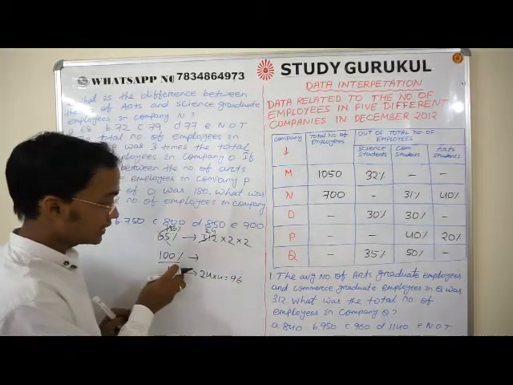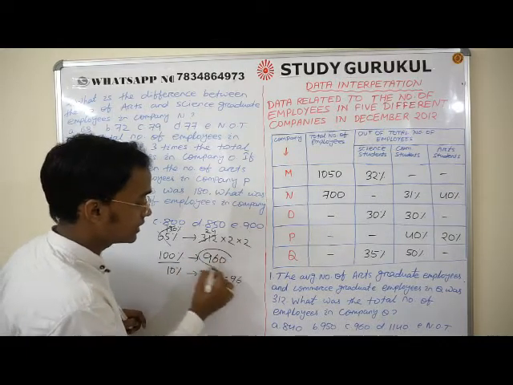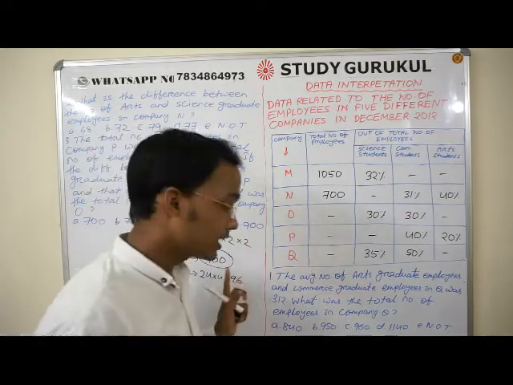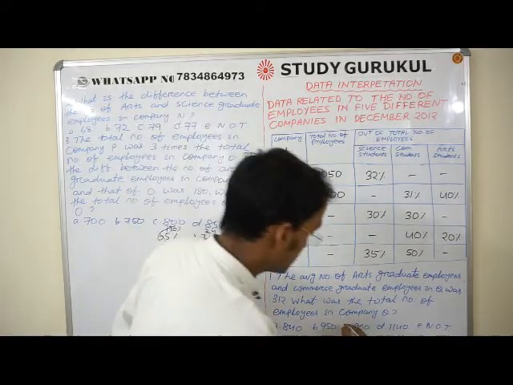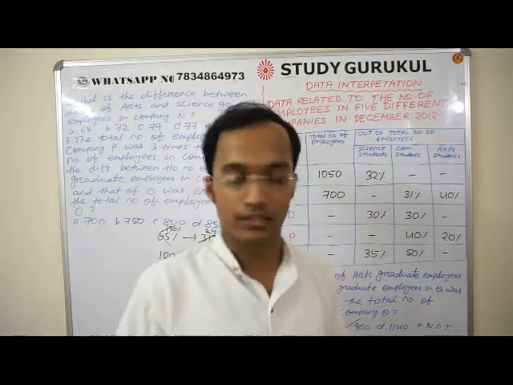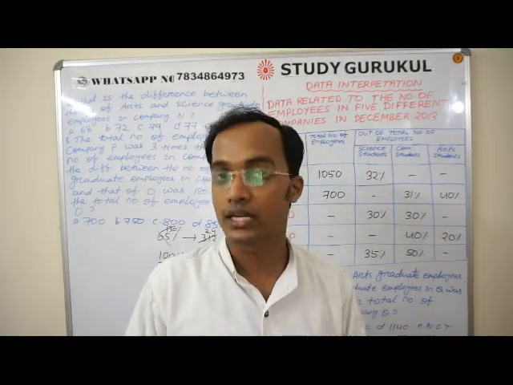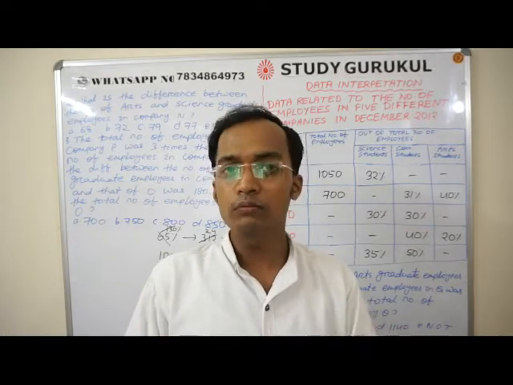If 10% is 96, then 100% must be 960. So the answer for this question is 960. So you can solve it easily. This is the first class, and some students are starting within a few days.